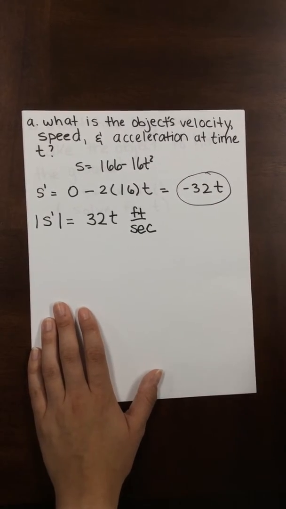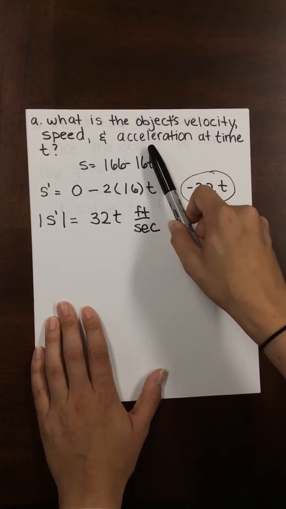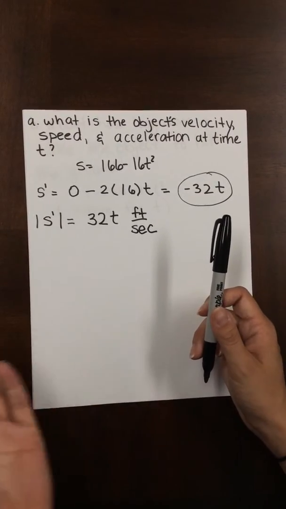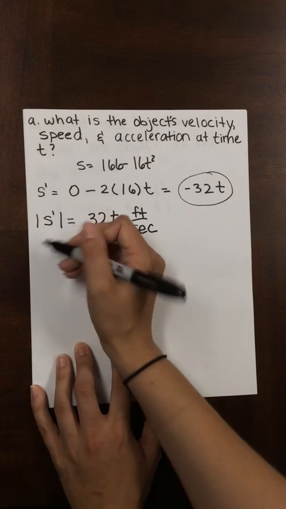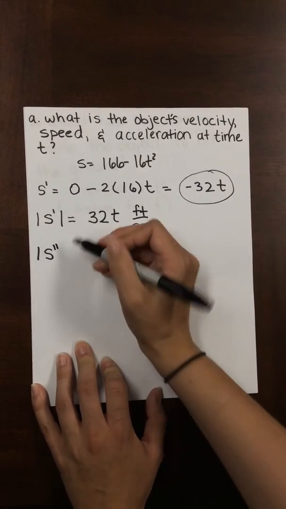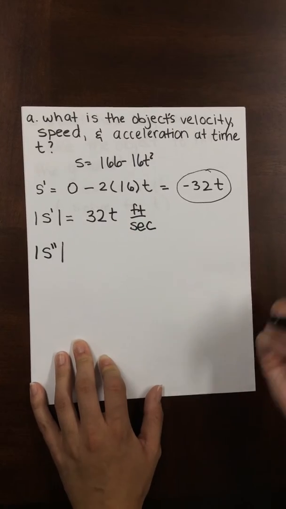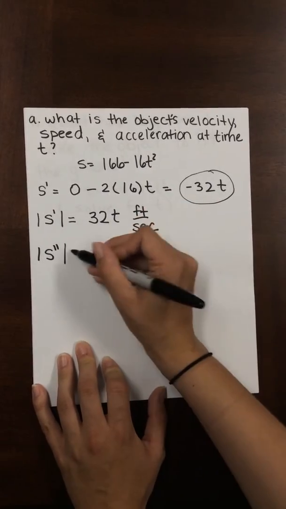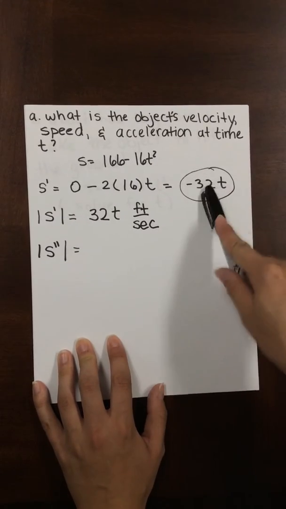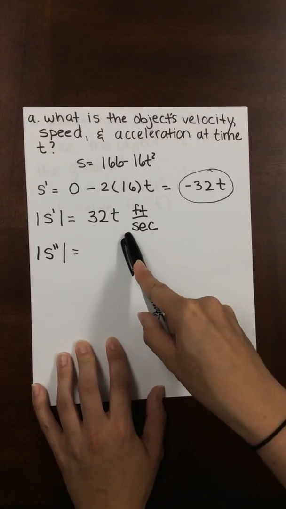And then part 3 is acceleration at time t. Acceleration is found by the second derivative. So we have s, and put 2 dashes to signify the second derivative, equals, and we're going to go back to our velocity. We're not going to be using this.